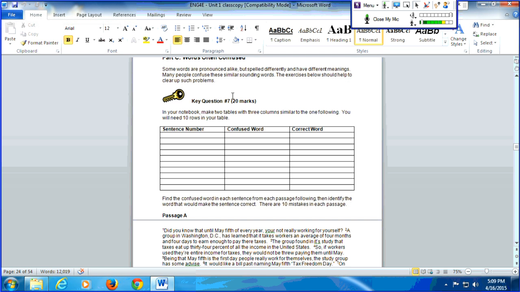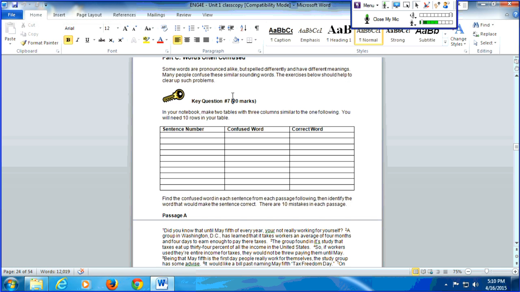As you look at the sentence number, consider what sentence that error word takes place in. Where does it occur? The second part is our confused word, the word that is the mistaken word in that sentence. And then finally, you want to correct that word, so put the correct word in there.